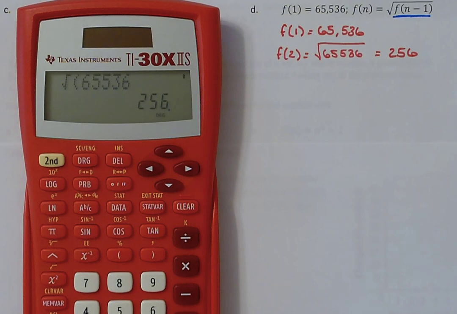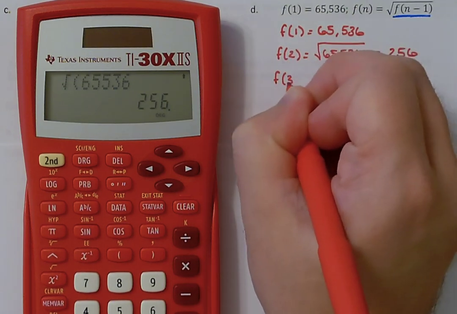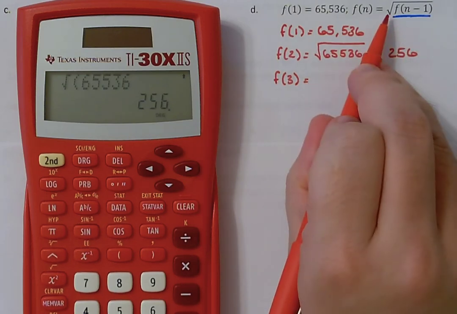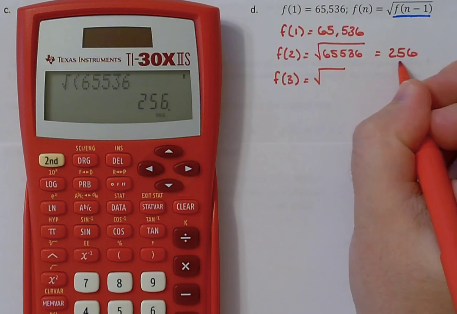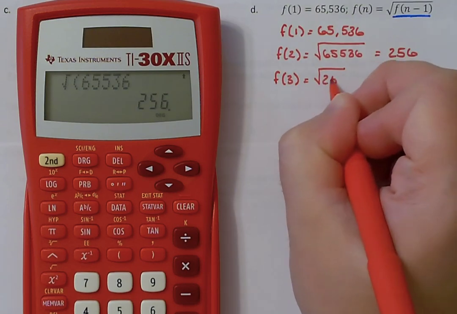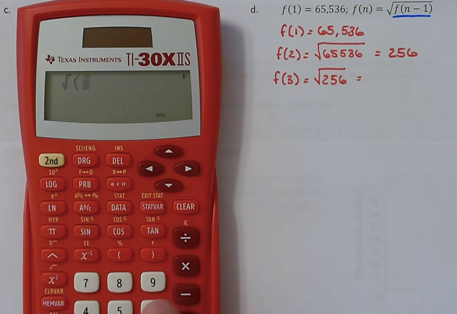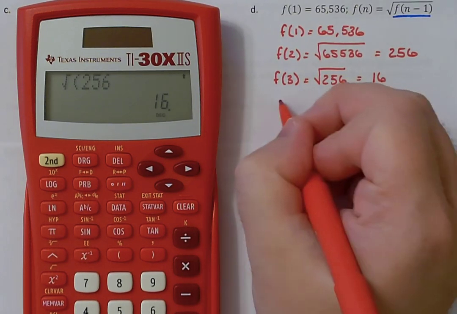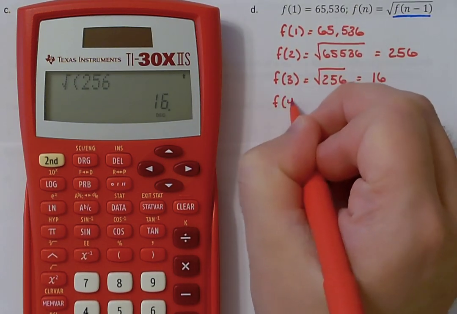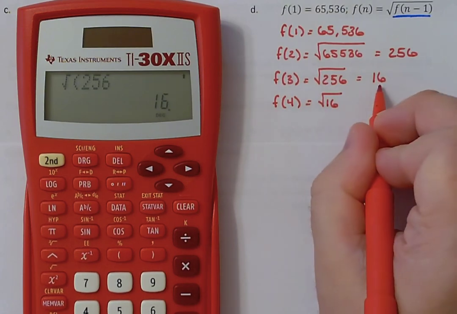As my second term. Now, f of 3, again, it's the square root of our previous term. So square root, my previous term, is 256. So square root of 256 is 16. And then my fourth term of the sequence, we're going to take the square root of our previous term, which is 16.